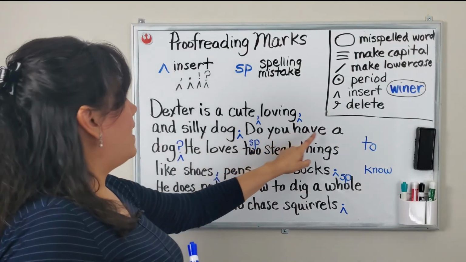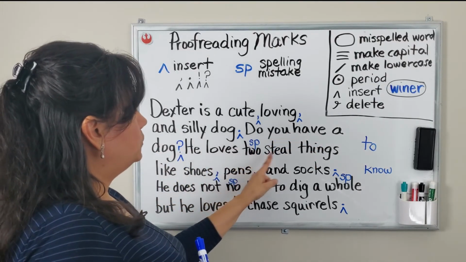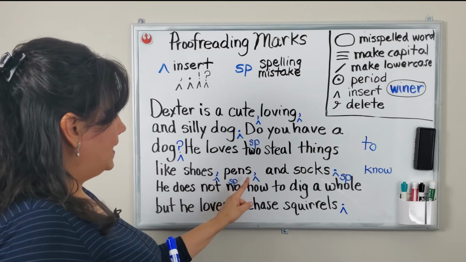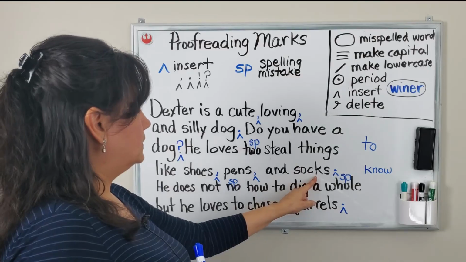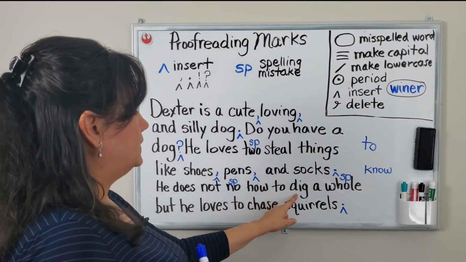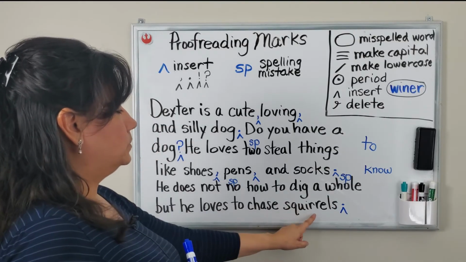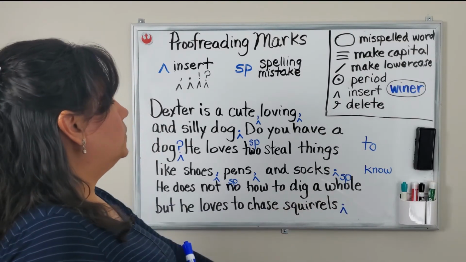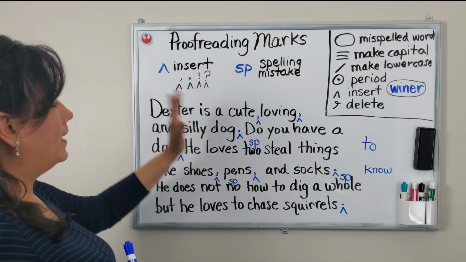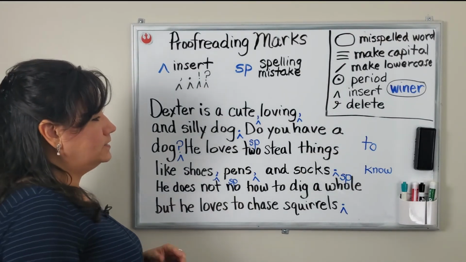Do you have a dog? He loves to steal things like shoes, pens, and socks. He does not know how to dig a hole, but he loves to chase squirrels. So here we have better punctuation. We have our commas. We have our correct punctuation at the end of our sentences.